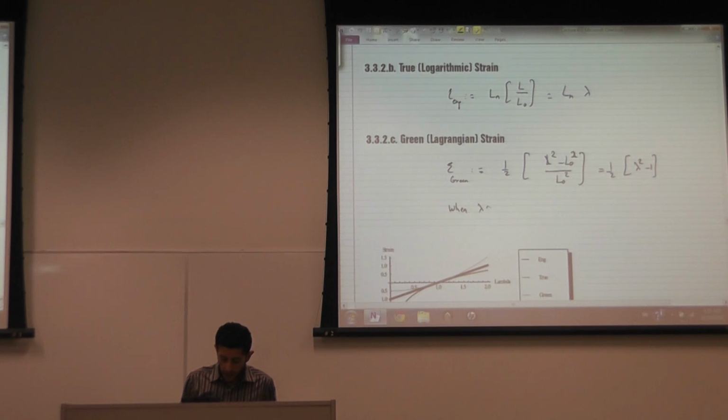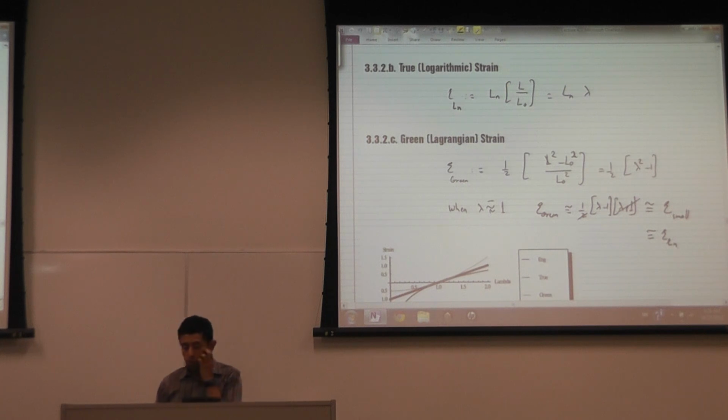When lambda is almost equal to 1, I have a very small deformation. You'll find that the Green strain is equal to half lambda minus 1 times lambda plus 1. This will take the 2, which will be equal to epsilon small, and will also be close to the logarithmic strain, or what we call the true strain.